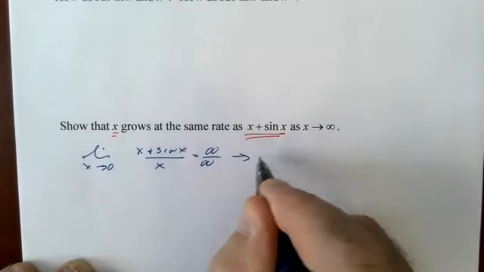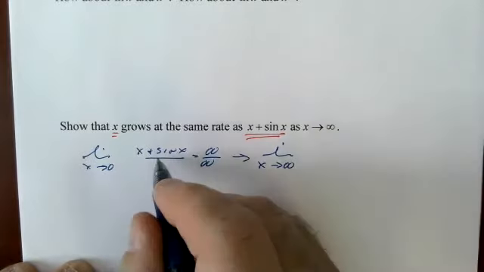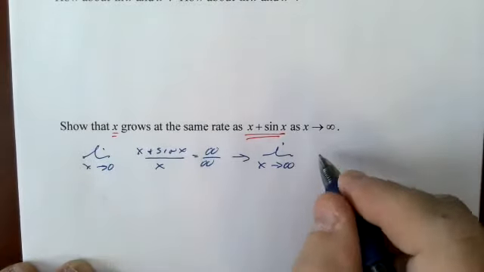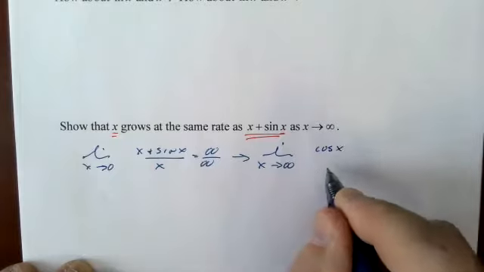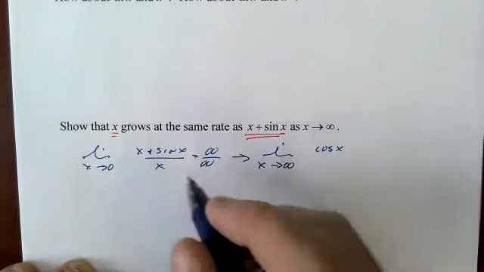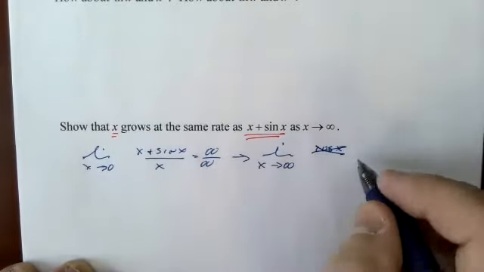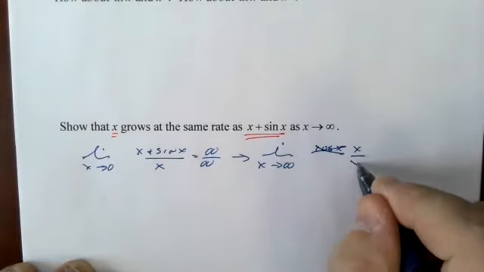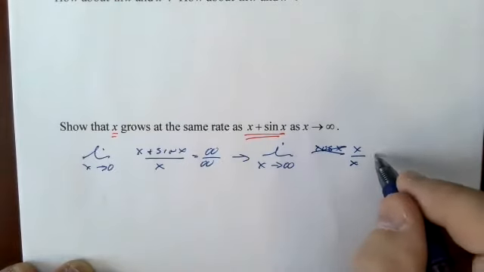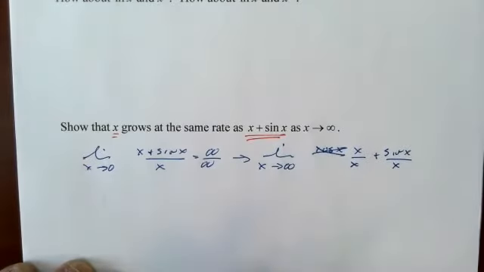All right, let's L'Hopital's rule it. Derivative of x is 1, derivative of sine of x is cosine of x. Actually, we're not going to do that. We can do it a different way. So we're not doing L'Hopital's rule. We're going to distribute the x. So we get x over x plus sine of x over x.